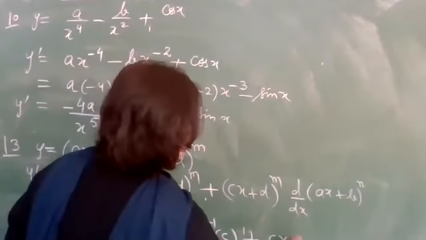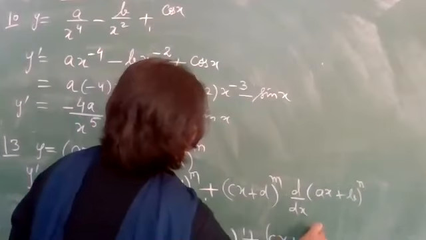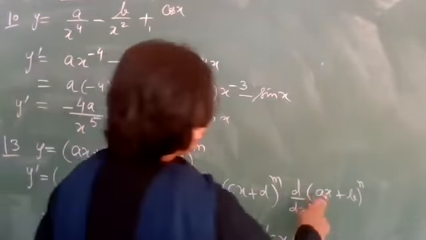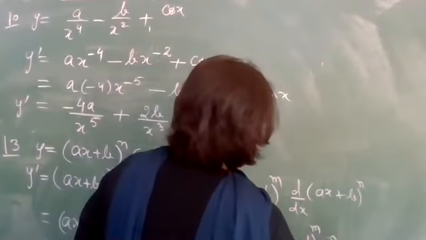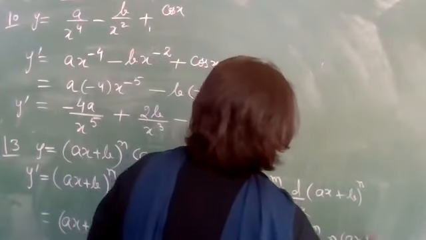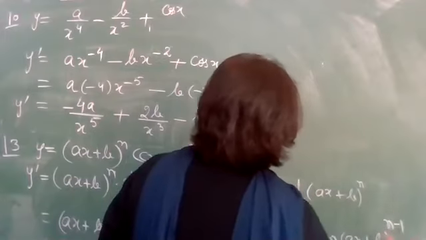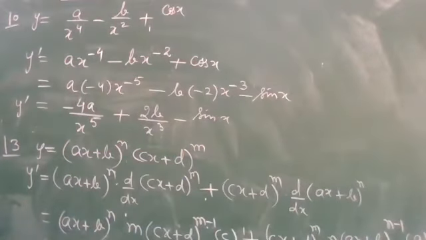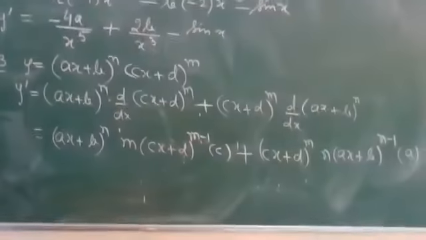Next is cx plus d raised to the power n, and same thing will be applied. Yes, same thing will be applied here. n (ax plus b) raised to n minus 1, and it is a. Now to simplify this, what we can do? How can we simplify this term?